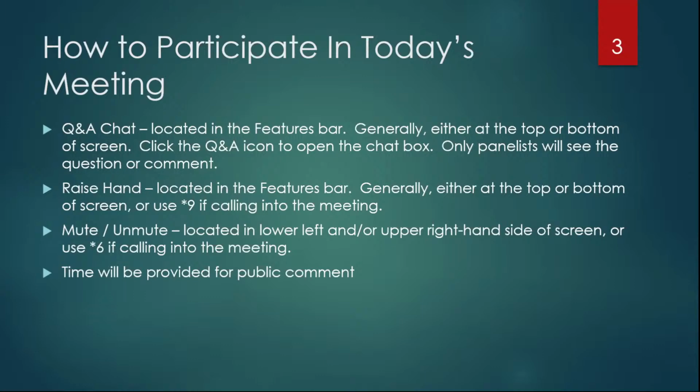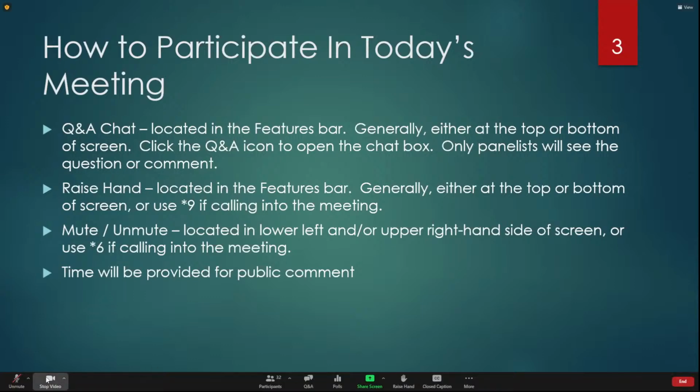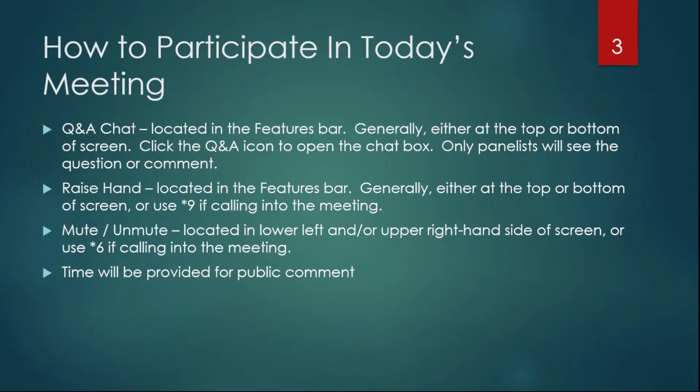When we get to oral comments, you can mute and unmute by hovering your cursor in the upper right-hand side of your identification square on the Zoom app. This will give you a mute or unmute symbol. And then also potentially in the bottom left-hand side of your screen, you may find a mute or unmute symbol if you're on the Zoom app. If you're calling in and need to unmute once we call on you or provide permission for you to make your comment, you can unmute by using *6, and we'll repeat these instructions as we get into public comment.